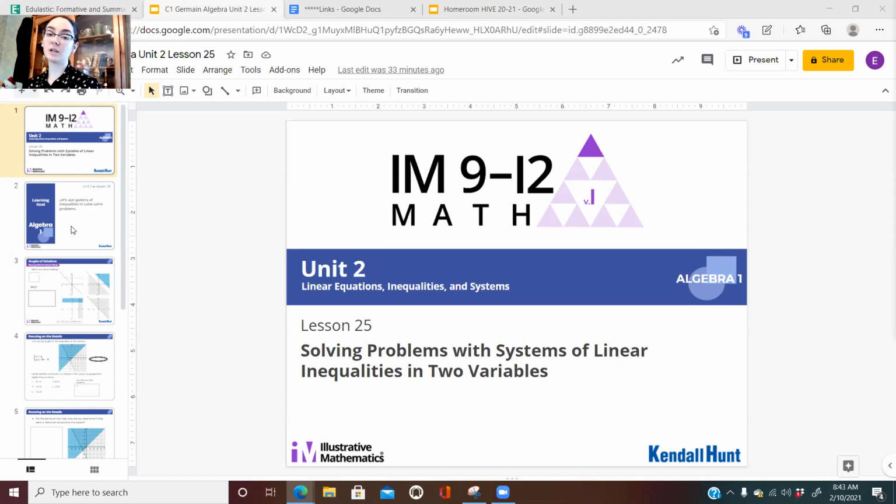When we move into inequalities, we introduce shading on one side of the line, and then we look for that double shaded region where both inequalities share a solution set.